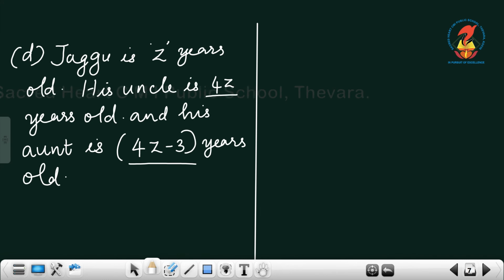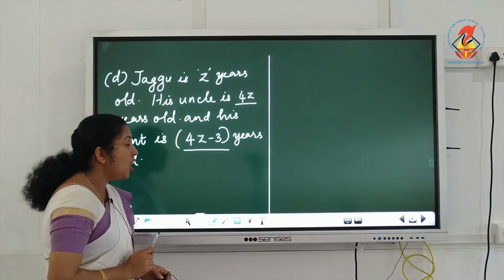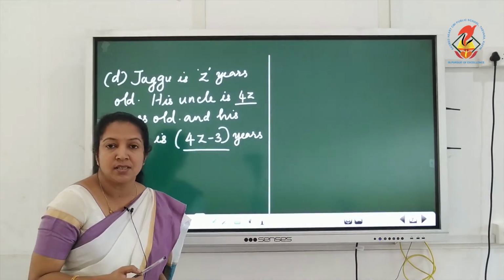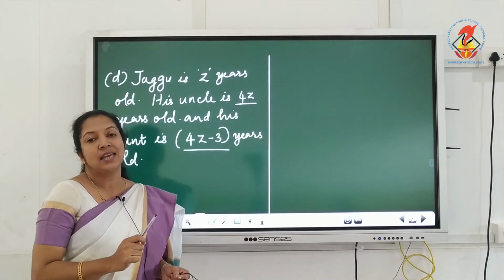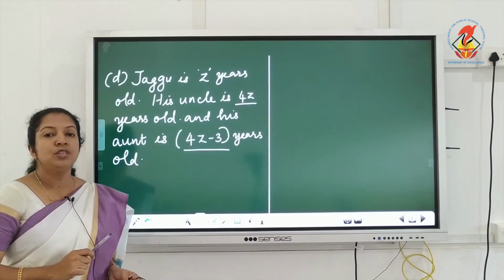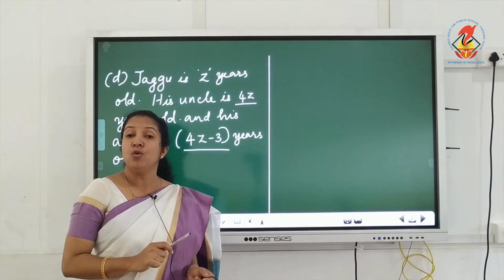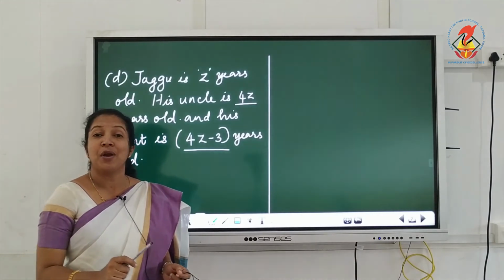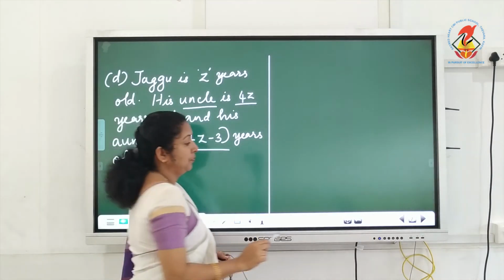Aunt's age is 3 less than 4 times Jaggu's age, or you can write it is 3 less than uncle's age. That is also correct.